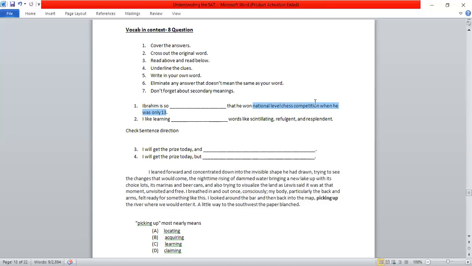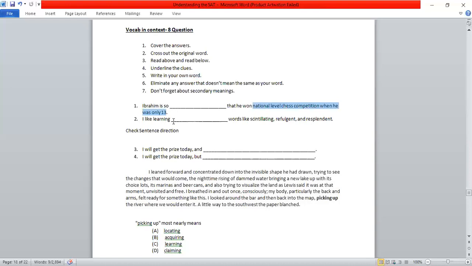Ibrahim is so kind. Now, if he's kind and he's winning at 13, there's no connection between that, right? So we need to make that connection. That's the reason we find out where my clue is. Here was my clue, national level chess competition. And that's why the answer over here will be related to this.